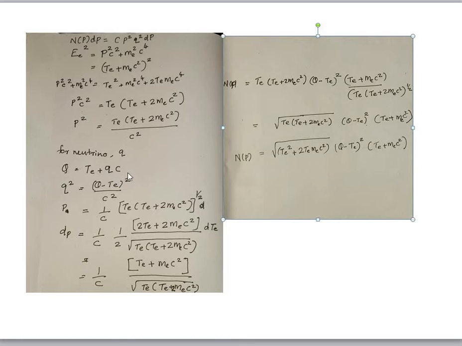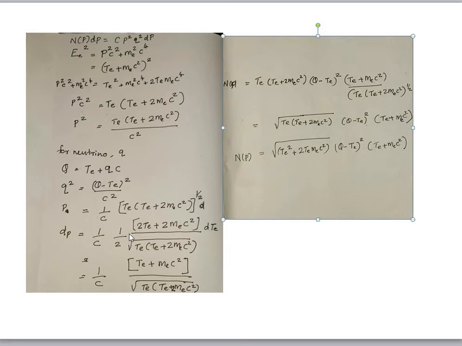We know the rest mass energy of the neutrino is negligible, so we can write the kinetic energy of the neutrino as qc, and the kinetic energy of the electron is T. Then what is q² from this expression? q² is equal to (Q − T)² by c². So from this expression, what is p? p is equal to 1 by c times the square root of T(T + 2m_e c²), that is raised to 1 by 2. So what is dp?